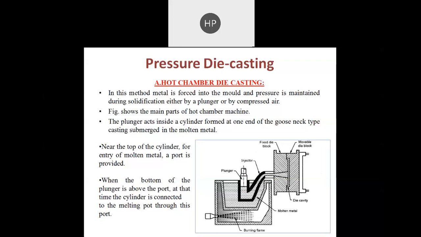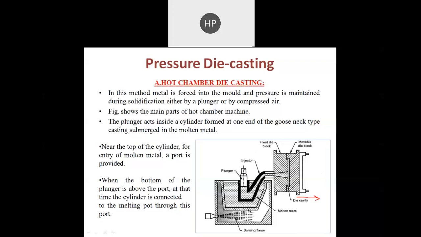So the plunger will move down and the molten metal will flow inside the hollow cavity, and after solidification the movable die will move, and the solid object will be removed or ejected from the die. That's how hot chamber die casting works.